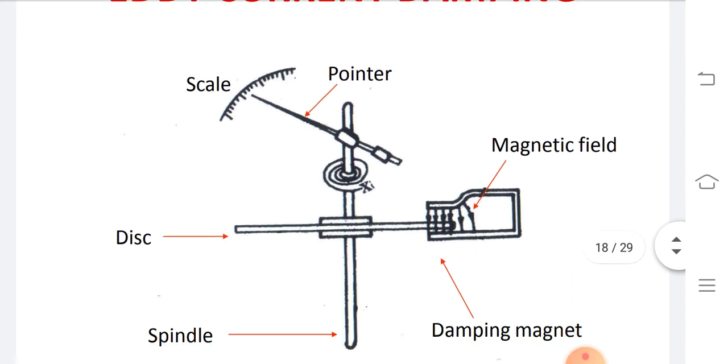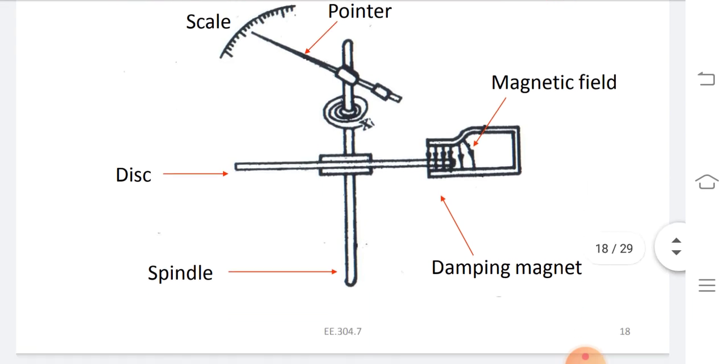Due to these eddy currents, a force exists between them and the field. Due to Lenz's law, this force is always in opposition to the force causing rotation of the conducting material. Thus, it provides the necessary damping.